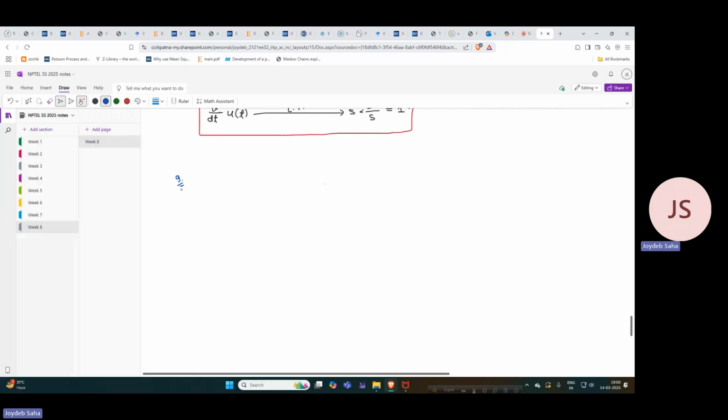Find the Laplace transform of t multiplied with u(t).